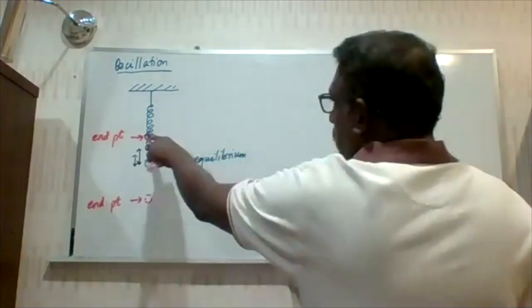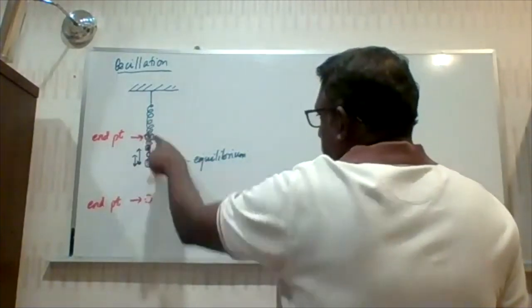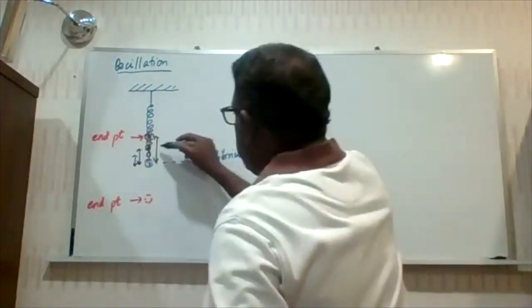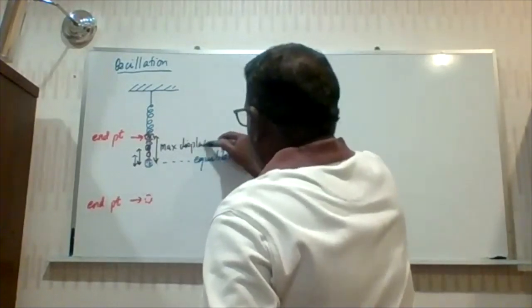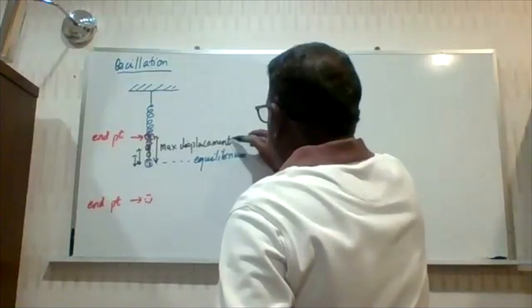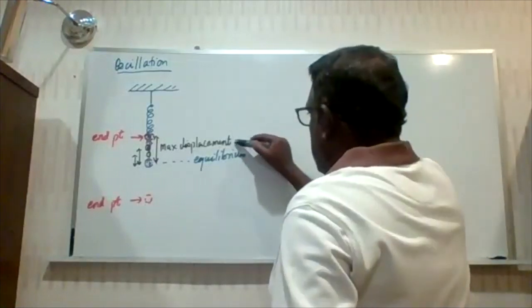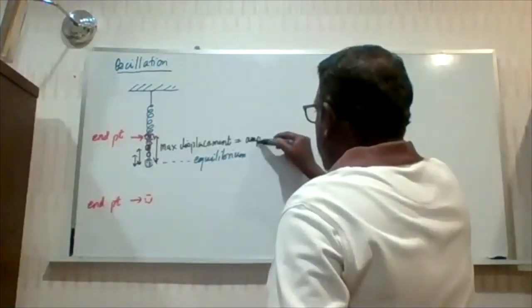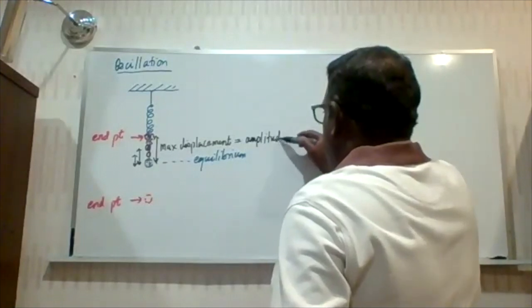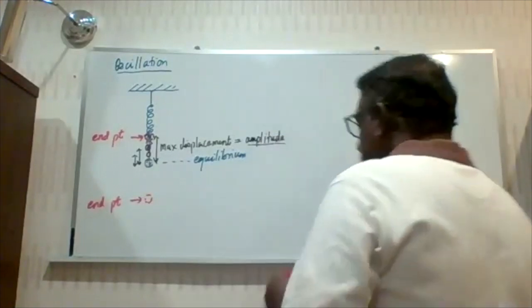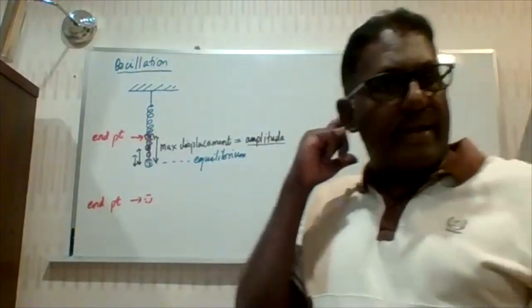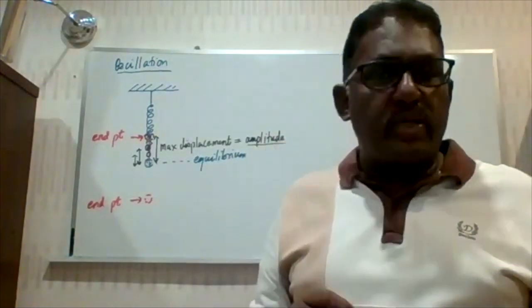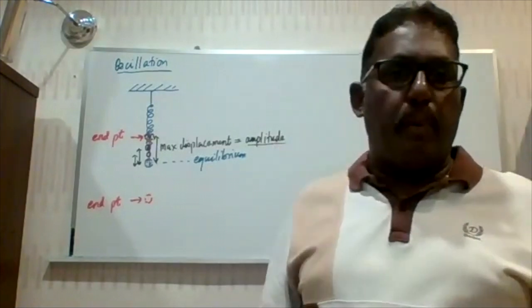Now, the particle cannot go beyond the endpoint. Therefore, this becomes the maximum displacement. All right? And this maximum displacement comes with a terminology. This is what we call amplitude. I've already introduced amplitude when dealing with waves, where we said amplitude is the maximum displacement measured from the equilibrium point.